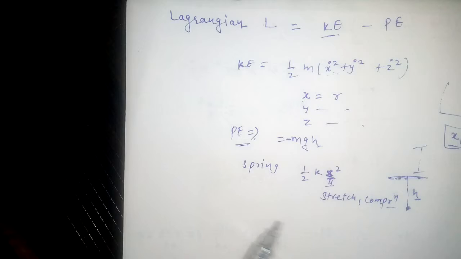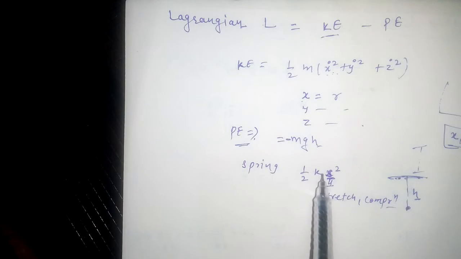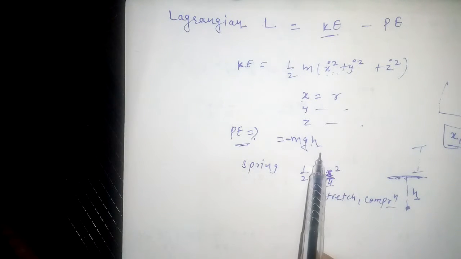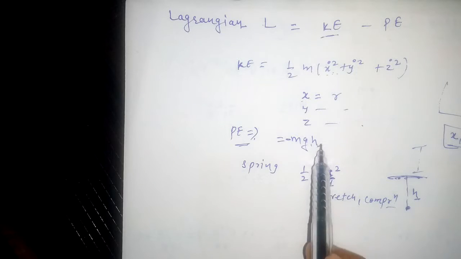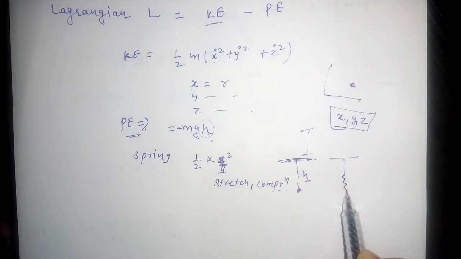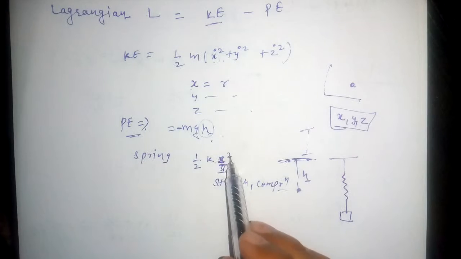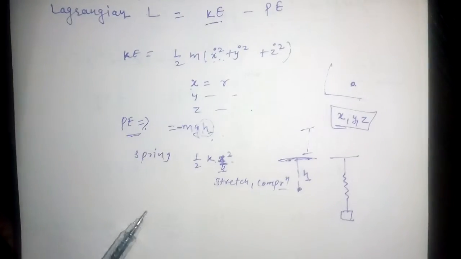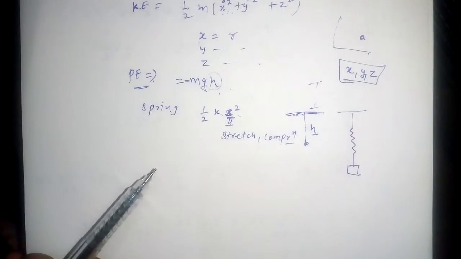So if there is a spring, both potential energies will be there. In that case both potential energies will be included. Okay, then the Lagrangian will be clear.